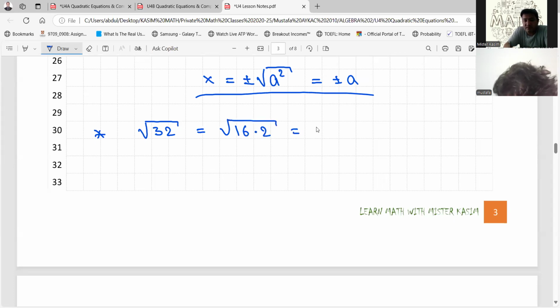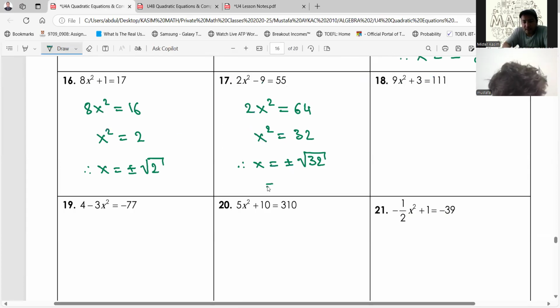So the square root of 16 is 4. So that is the simplest form. In many questions, they ask you to leave your answer in the simplest form. If you just do it like this, they may deduct points. Because when it is written like this, I can have better information about this number. So now I can rewrite this as plus or minus 4 times the square root of 2.